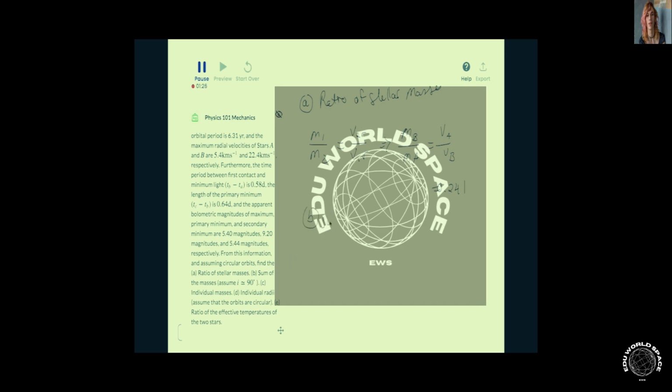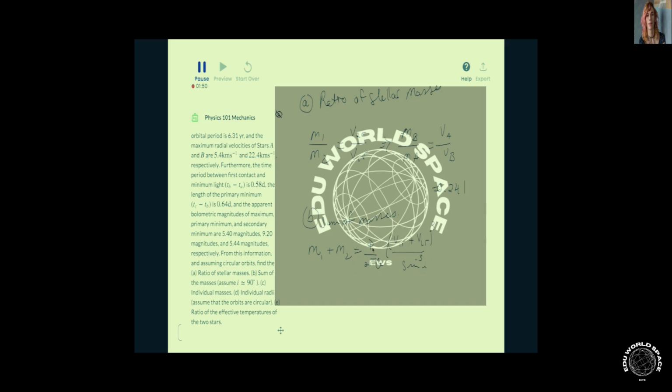We want to find the sum of the masses. Well, there's an equation in the book that says that the sum of masses m1 and m2 equals p divided by 2 pi g times v1r plus v2r over sine cubed i, and all of this is cubed.